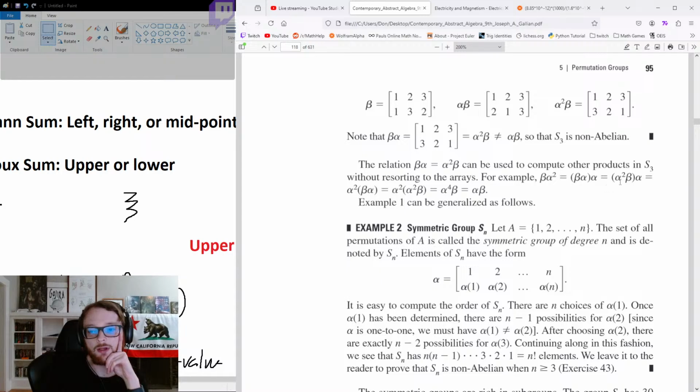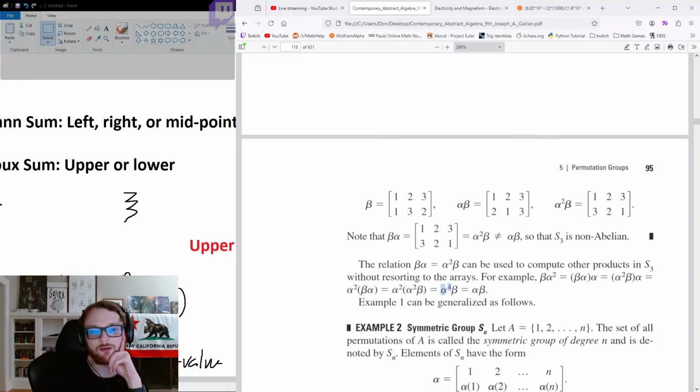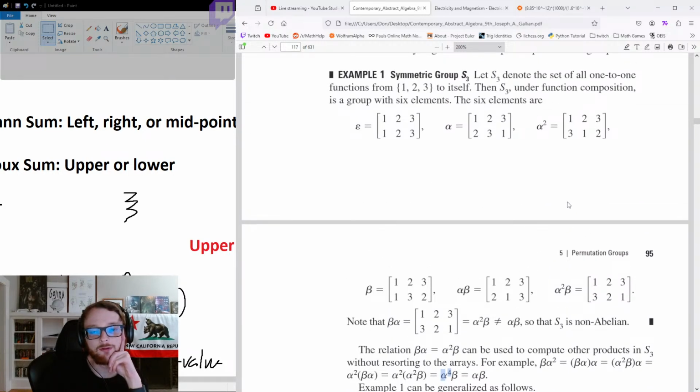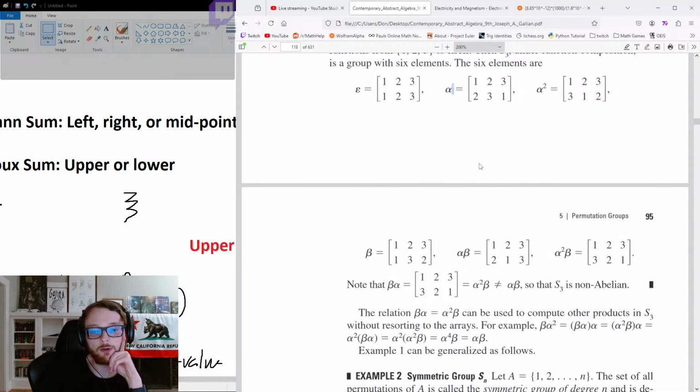Beta alpha is equal to alpha squared beta, times alpha. That's alpha to the 4th beta. And alpha to the 4th is equal to just alpha, because you have a cycle of these 3 things. Starting from here, you take alpha to the 4th, you go alpha 1, alpha 2, alpha 3, alpha 4. Okay.